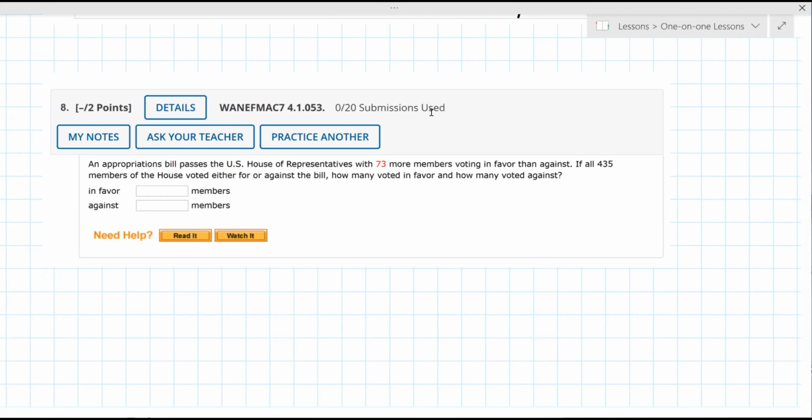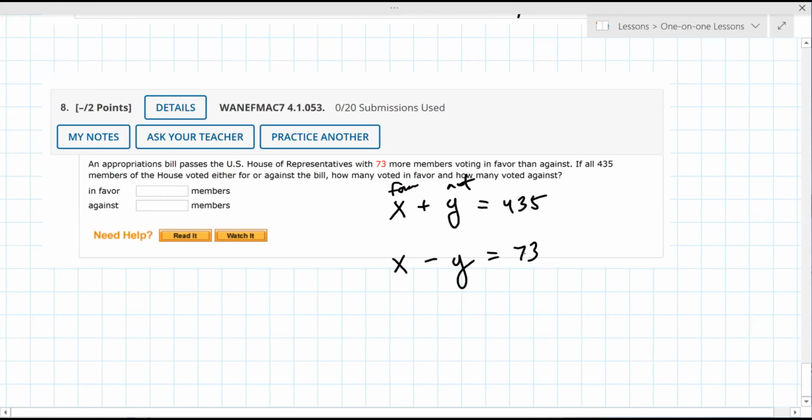Okay, so we know that the votes together, favor and not, have to be 435 because everyone voted. We also know that if you subtract the favor and the not in favor, that's 73, because that's what the sentence means here.